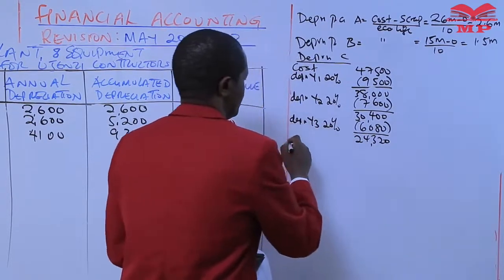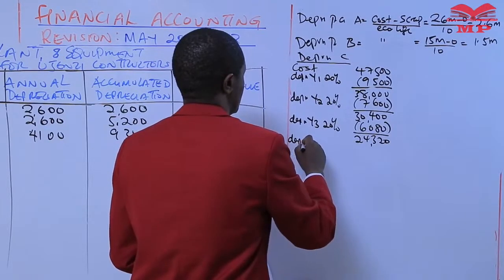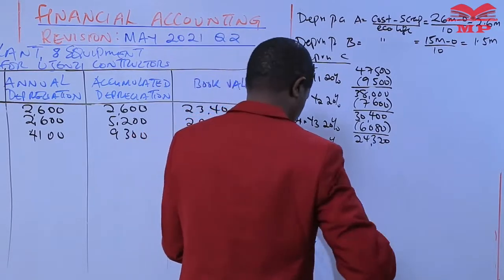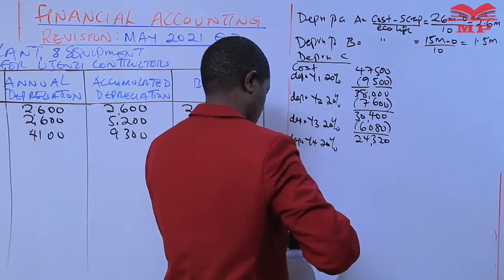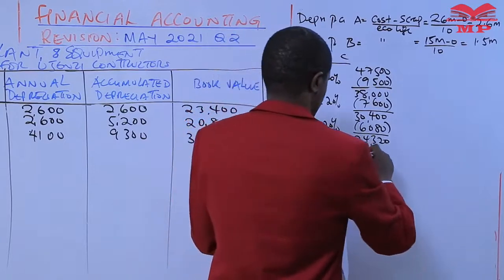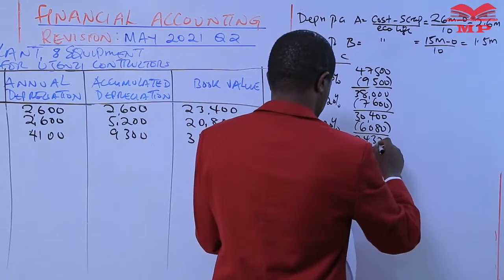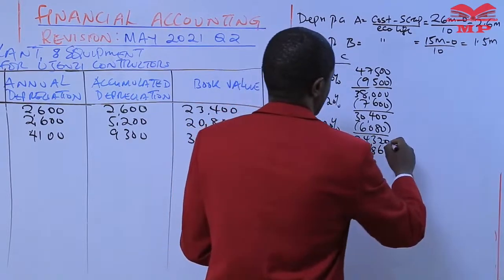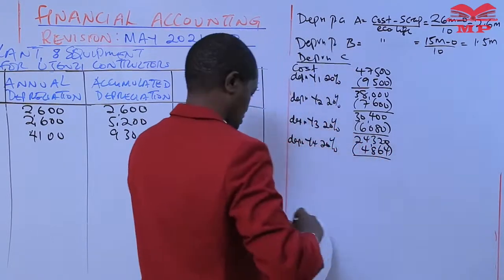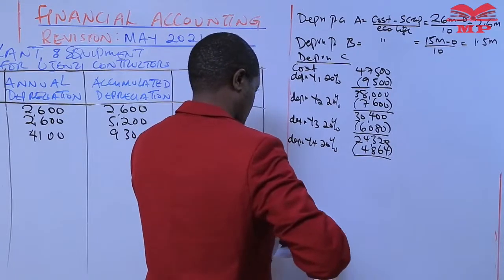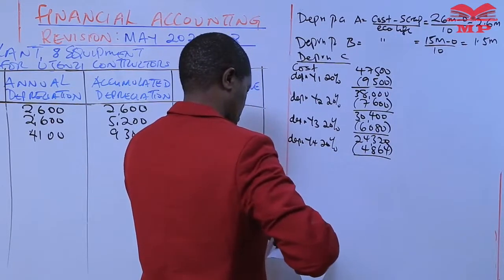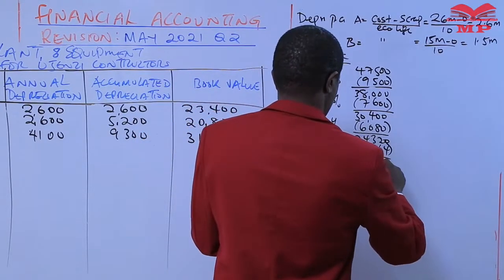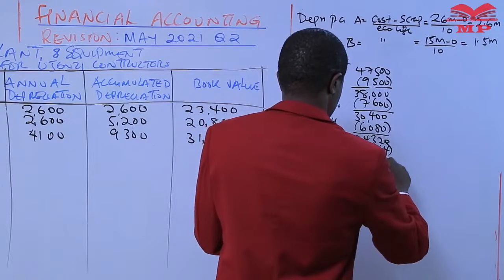Depreciation year 4, 20% of the net book value 24,320, is 4,864. Deduct from the net book value 24,320, this is equal to 19,456.